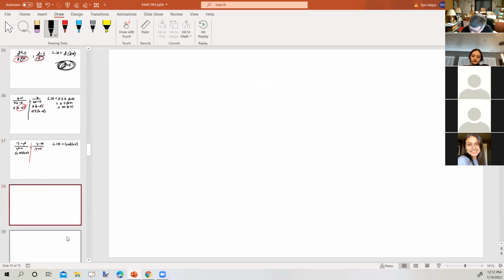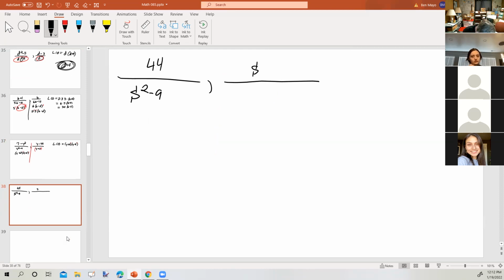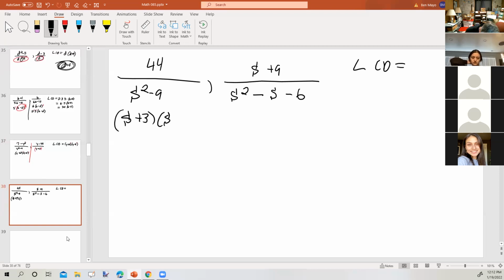Okay. How are we doing here? Let's see. 44 over s squared minus 9, s plus 9 over s squared minus s minus 6. I'm going to factor the first denominator: s plus 3, s minus 3. I'm going to factor the second denominator: s minus 3, s plus 2.